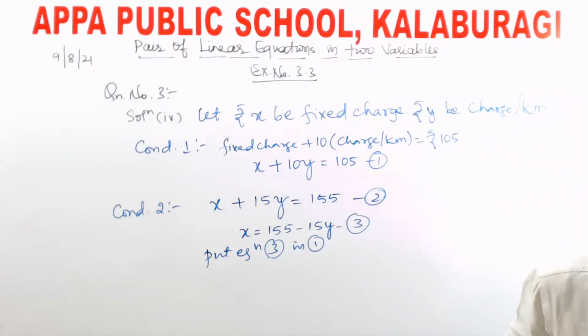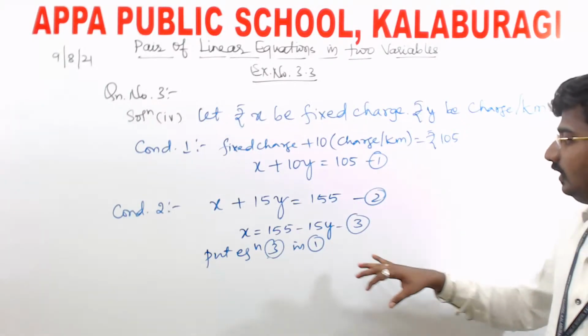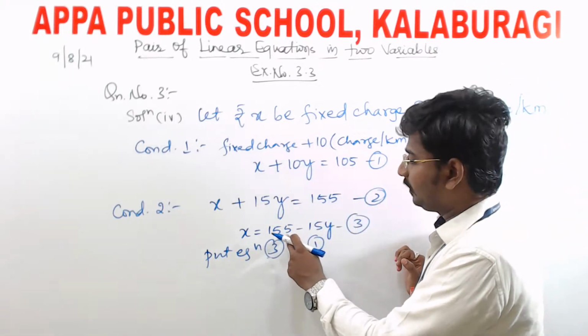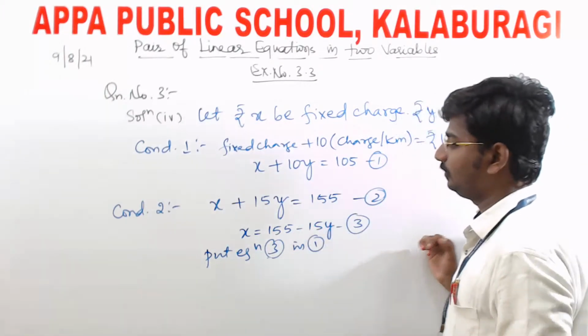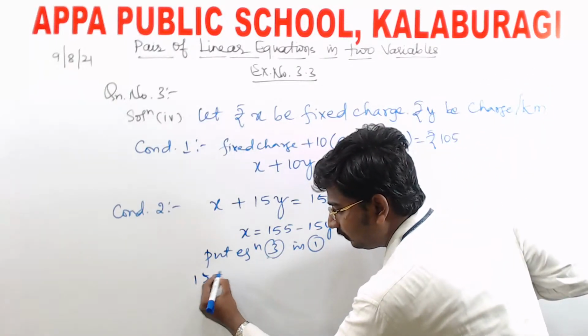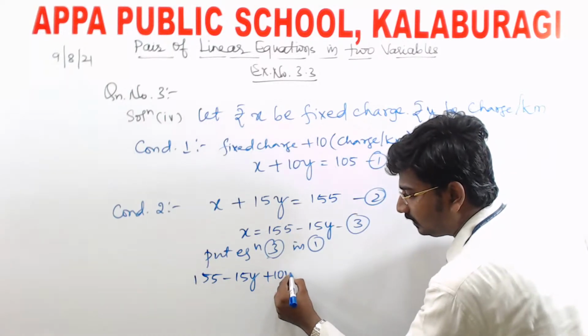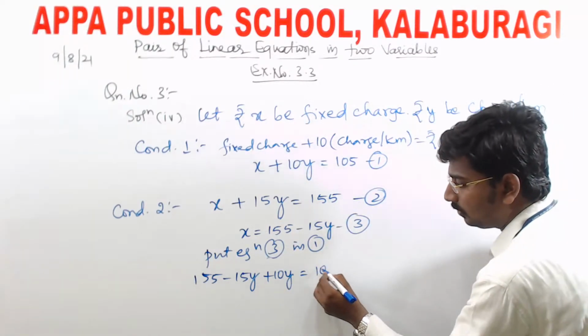Yes, some of you have already framed the equation. Very good, Anjali and Shreya. Now put equation 3 in 1, meaning in place of x I will substitute 155 minus 15y. So 155 minus 15y plus 10y is equal to 105.